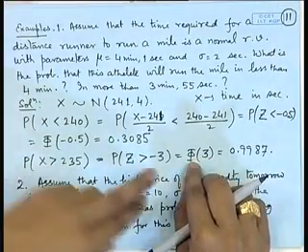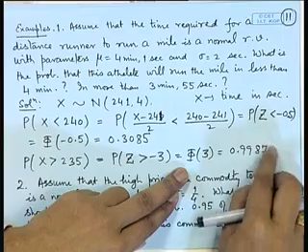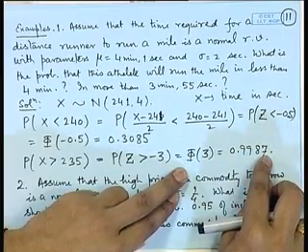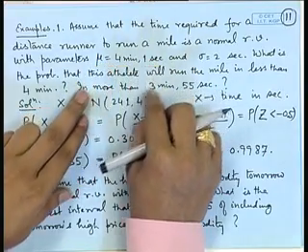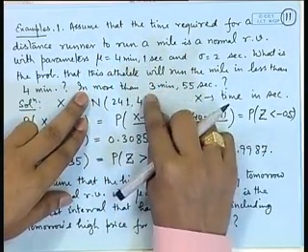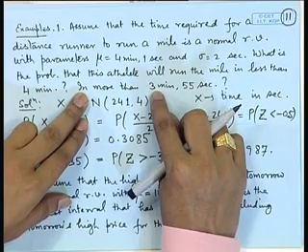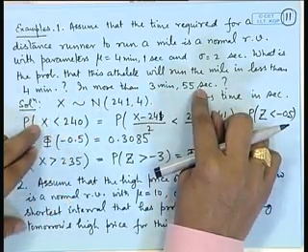So, this is equivalent to phi of 3, which is 0.9987, an extremely high probability. Here you can see that the mean is 4 minutes 1 second, that means almost surely he will complete the race in more than 3 minutes 55 seconds.